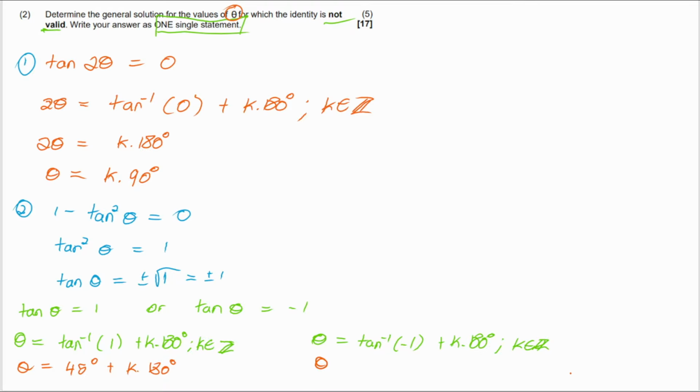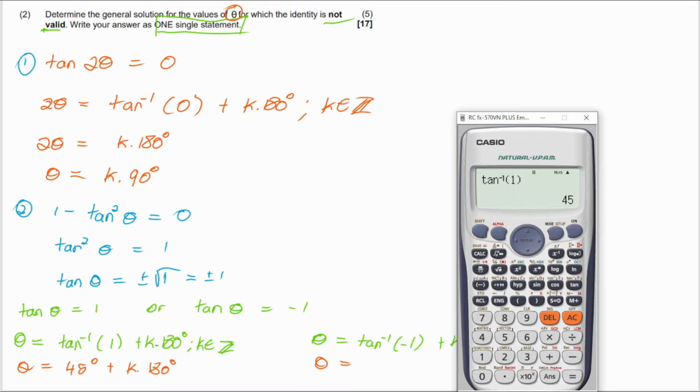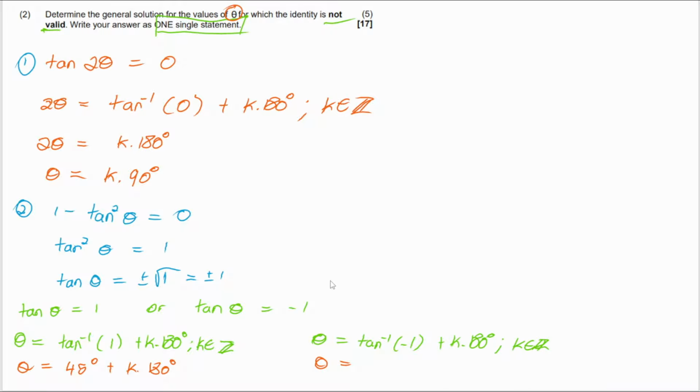And over here, I'm going to get theta is equal to, and then I just do minus 1, which is negative 45 degrees plus k180. Okay, so I currently have three general solutions, 1, 2, 3. I need to combine them as one single statement. So I need to look at these and see what's the connection between these three.